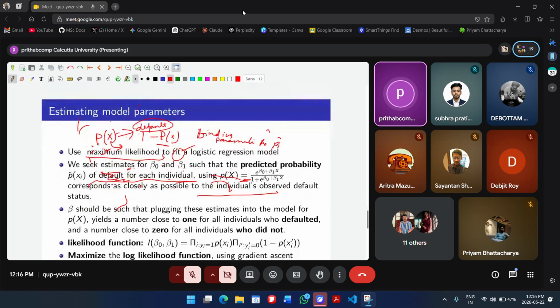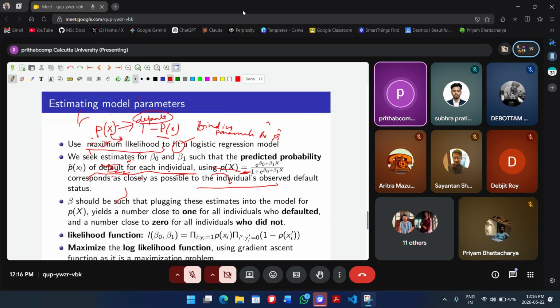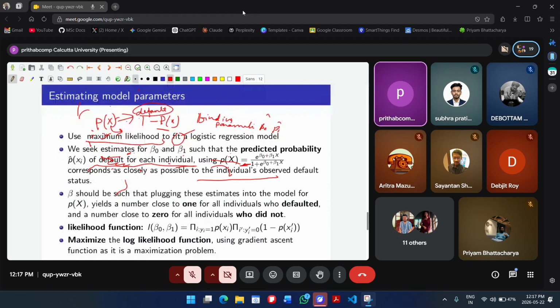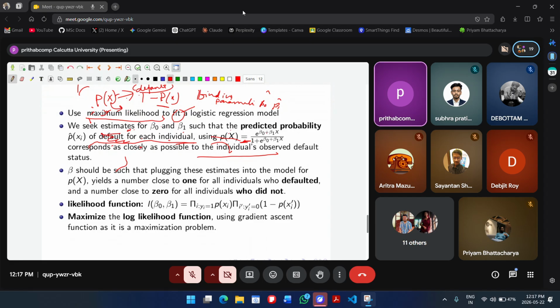Meaning, if the default class is yes, then the probability value should be greater than 0.5 and I will be able to predict it as the default class. That is the idea.